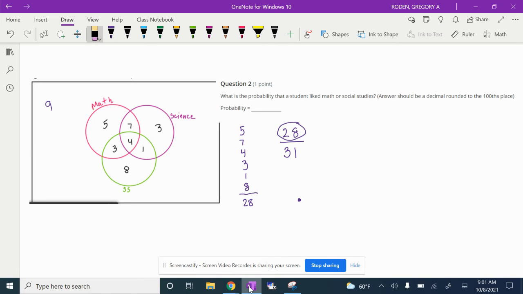Sorry about that, guys. I just realized I messed up. I didn't copy and paste, but there were 40 students in the class. So that actually means that 9 students, hard to believe, didn't like any of them. So I did have my nones at 9. Sorry about that. So what we have to do is we have 31, but then we have to add the 31 plus 9, or excuse me, the 31 plus the 3 here.